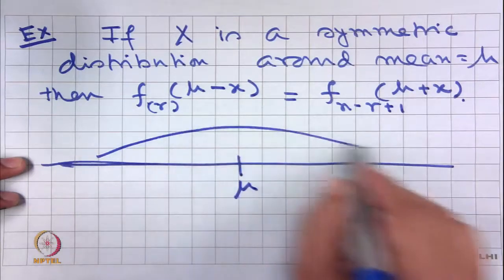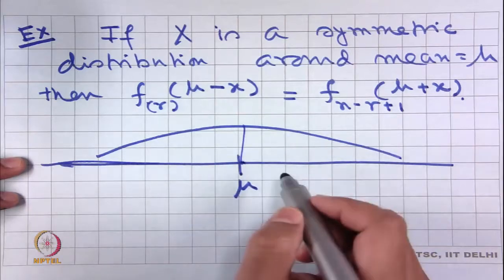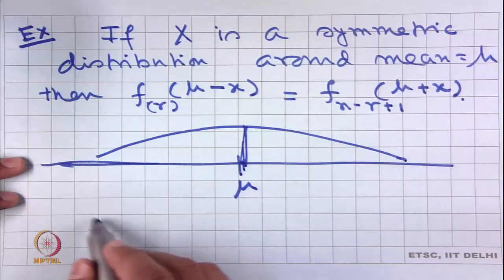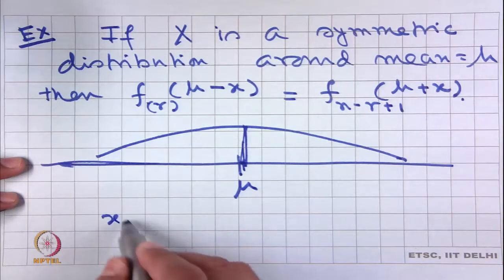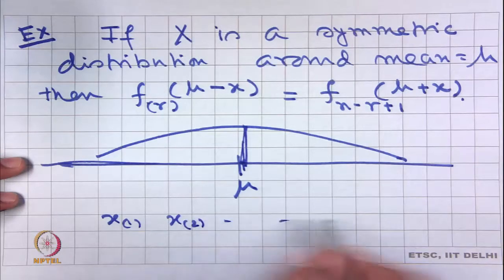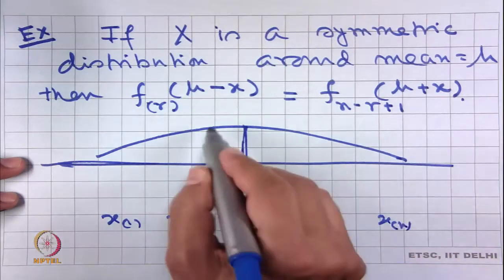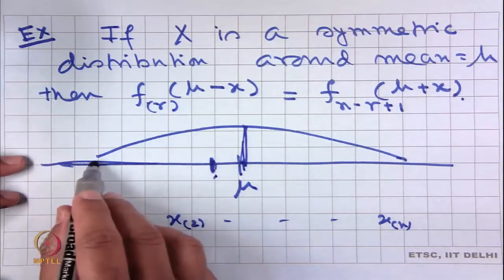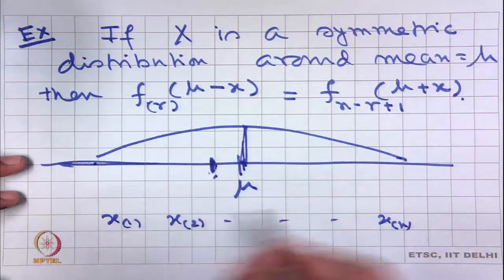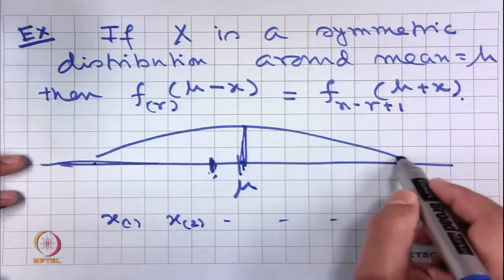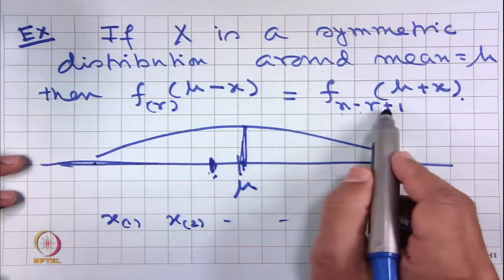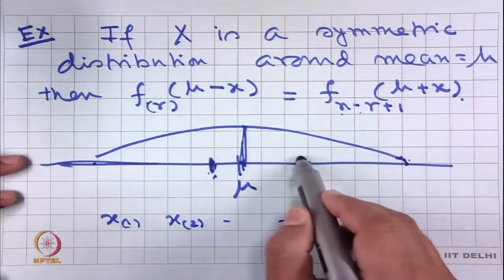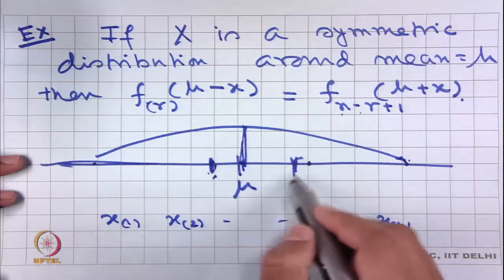So, let us assume some arbitrary PDF, and suppose we have taken n samples x1, let me order them x2, ..., xn. So, the PDF of the rth order statistic from the beginning at mu minus x will be the same as the (n minus r plus 1)th order statistic, or the rth order statistic from this side, at mu plus x.